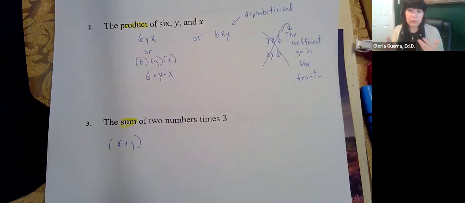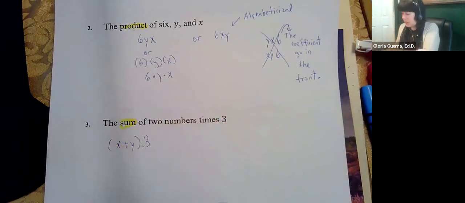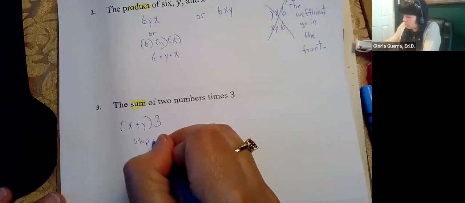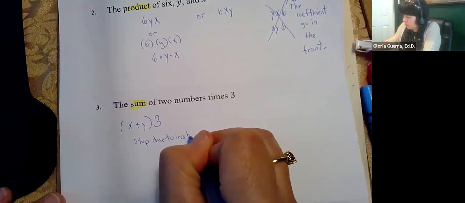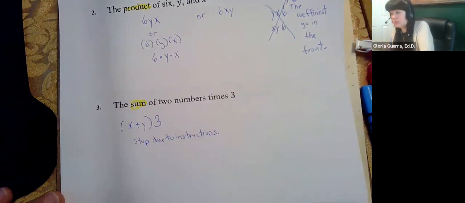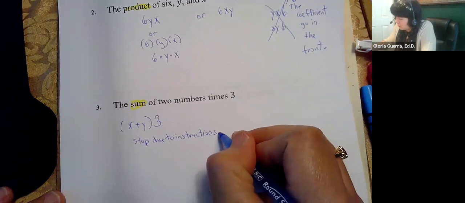I would have used just x, but since I need 2 of them, we use a and b, or x and y. So I got the sum x plus y, and then it's times 3. Technically I would just stop there due to the instructions. You remember what the instructions said? Do not simplify.